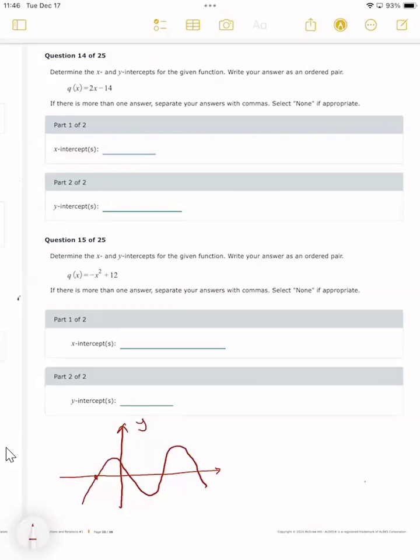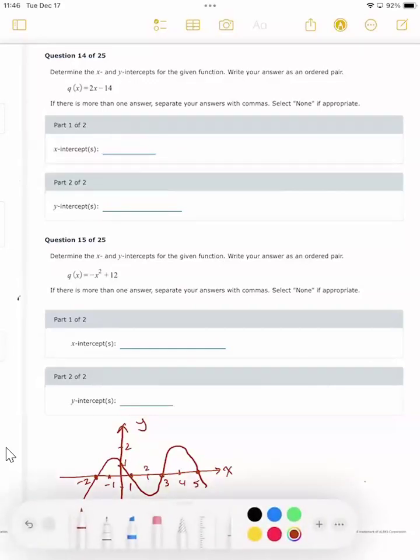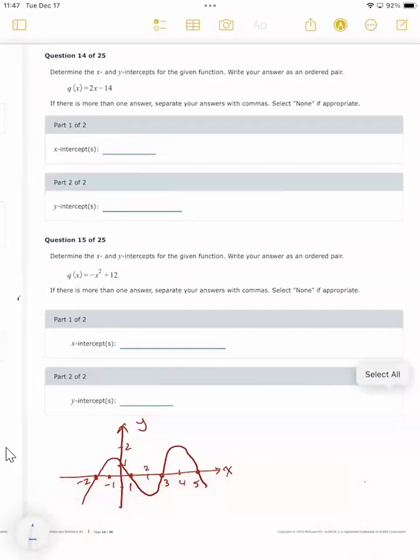I'm just going to label them right now. -2, -1, +1, +2, +3, 4, and let's say this is 5. This is your x-axis, y-axis. We want to find the x and y intercepts. So let me label these as well. This is 1, 2, and so forth. So I put some labels on the y-axis, some labels on the x-axis. We want to find our y and x intercepts.